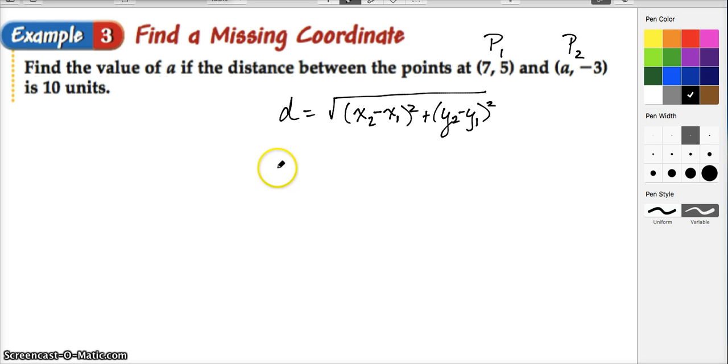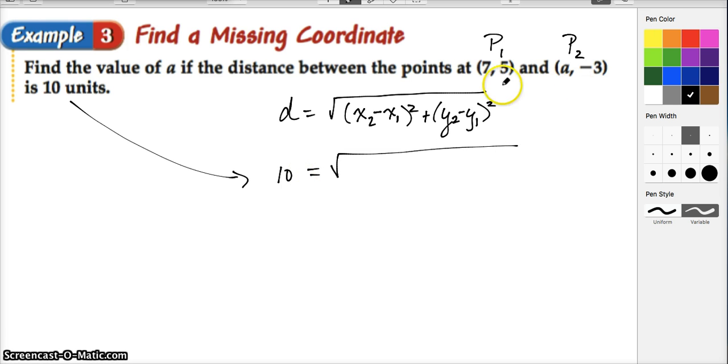So I'm going to plug 10 in for the distance, and then I'll write it like this. A minus 7 quantity squared plus negative 3 minus 5 quantity squared, square root will equal 10.